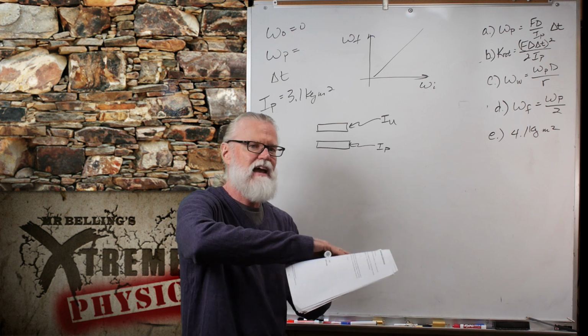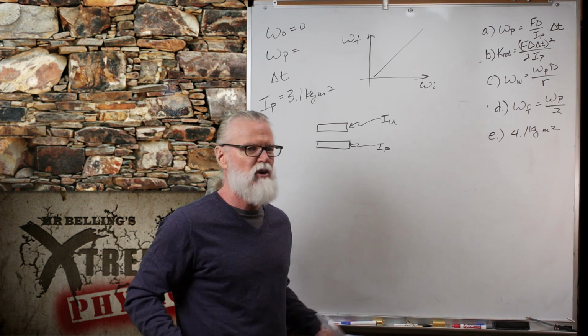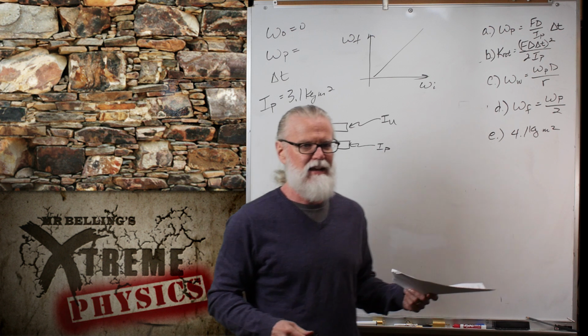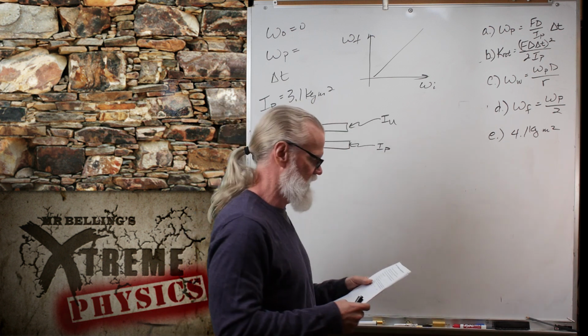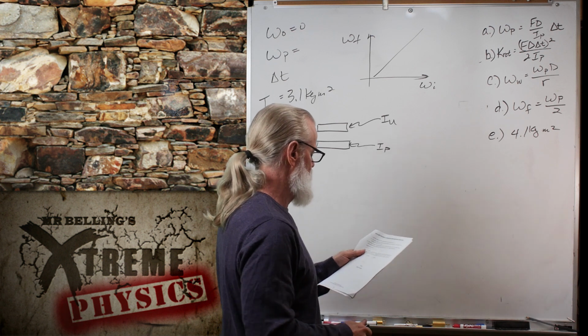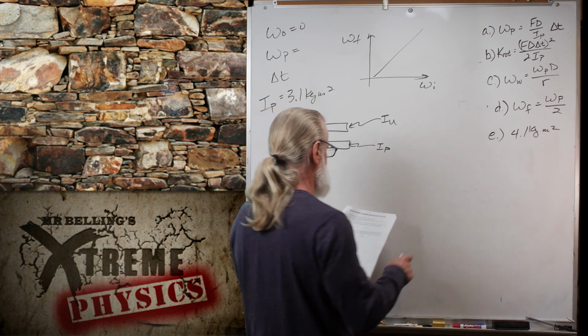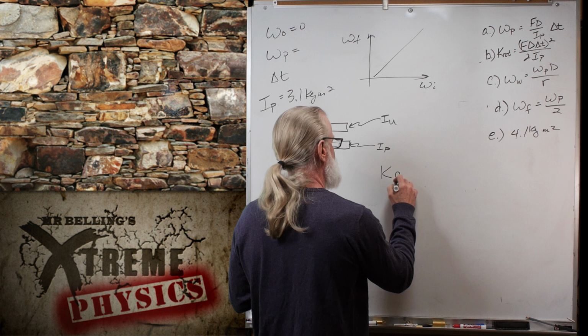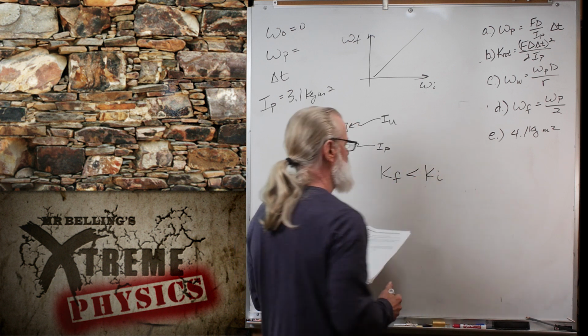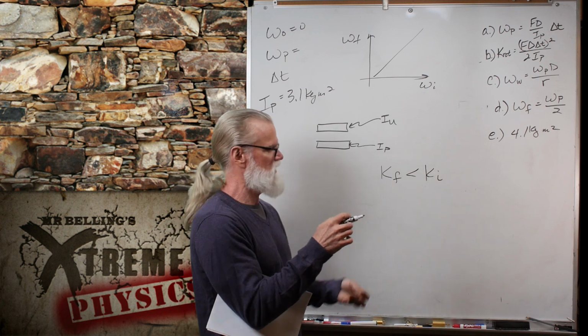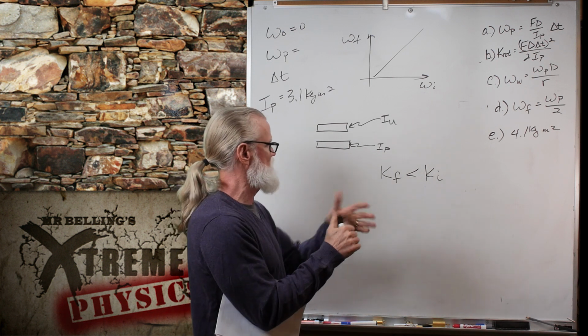One's going to be sliding on the other, so there's going to be thermal energy and stuff like that. So kinetic energy is not conserved. The kinetic energy initial is going to be greater than the kinetic energy final. So I guess that's the first one. K final is going to be less than K initial because this is an inelastic collision.